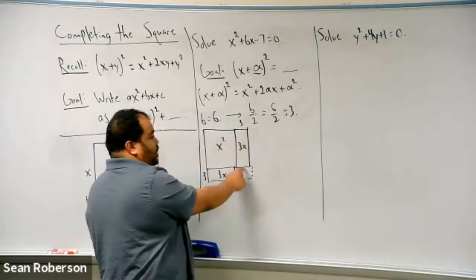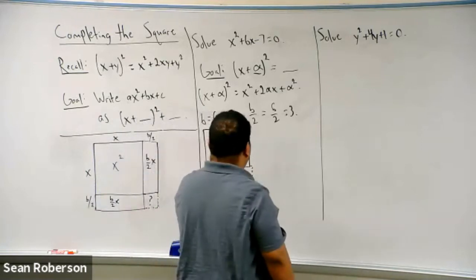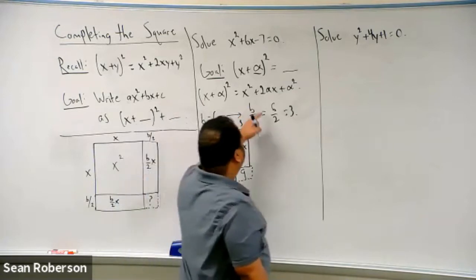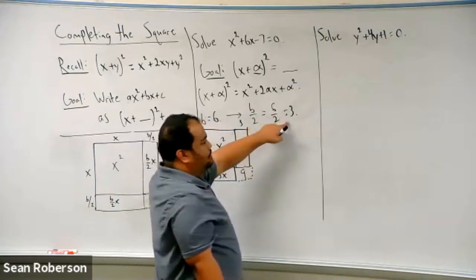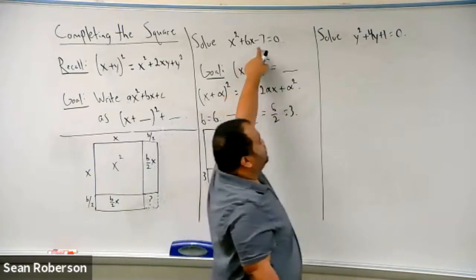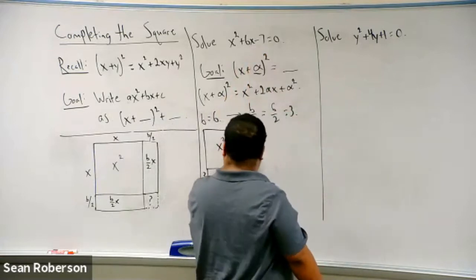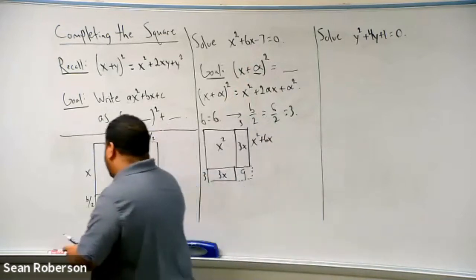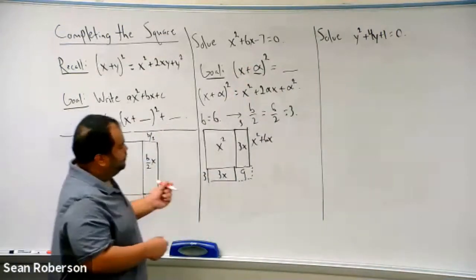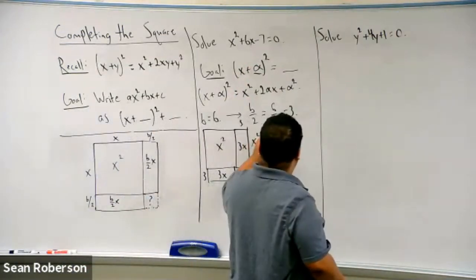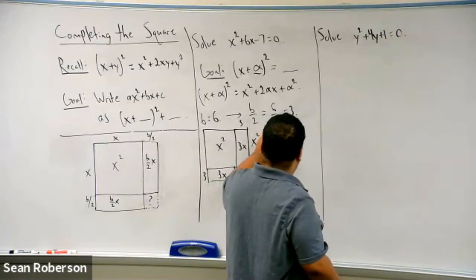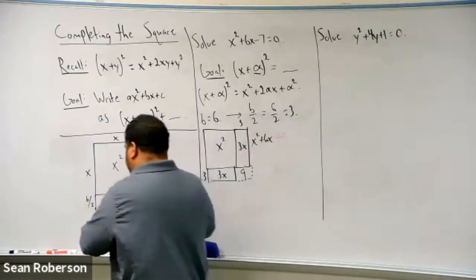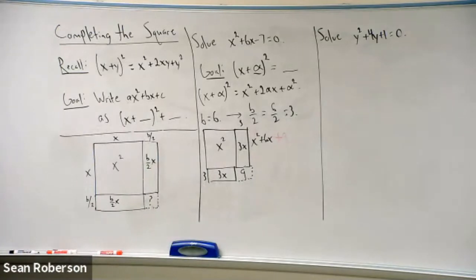And the area of the square is 3 times 3, which is 9. So I need to take this number, square it, and add it to both sides of this equation. So I'll do that. We'll have x squared plus 6x, and perhaps I'll emphasize this in a different color. I'm going to add 9 to both sides.